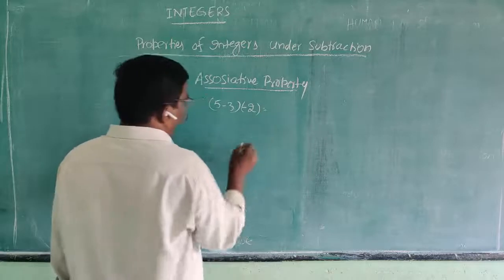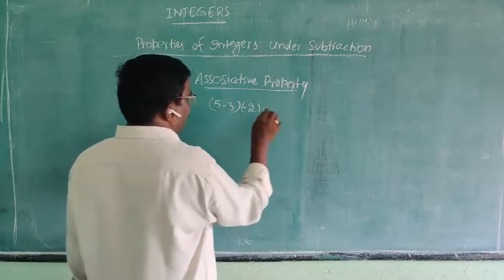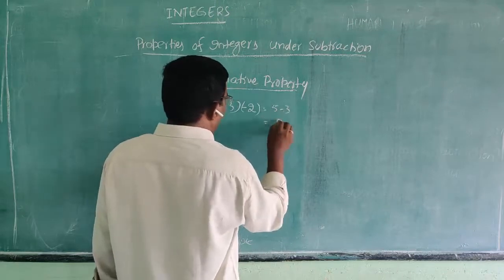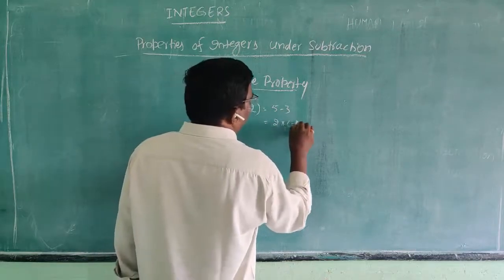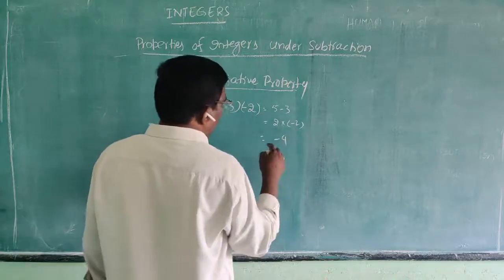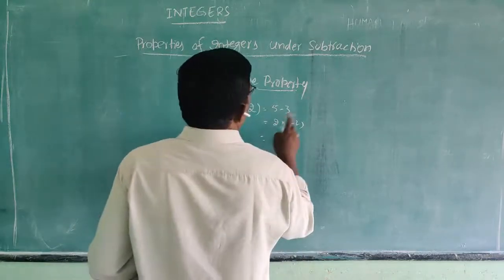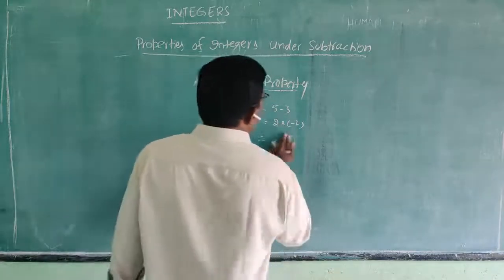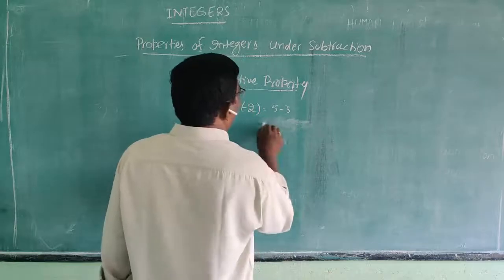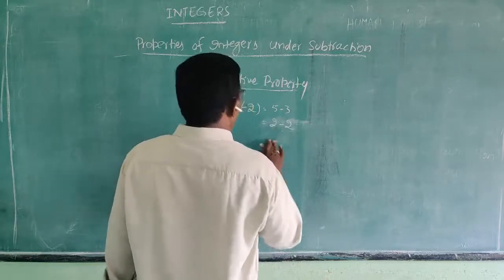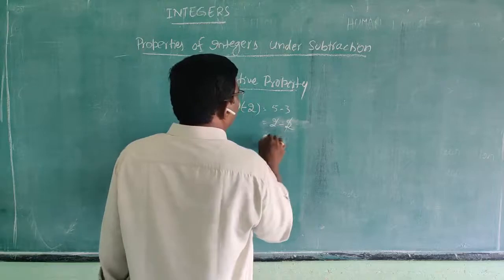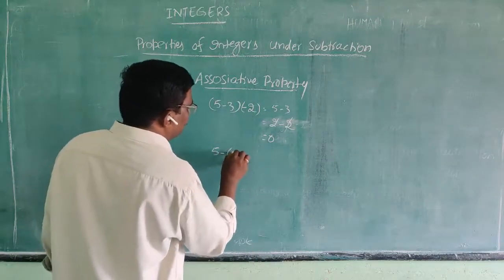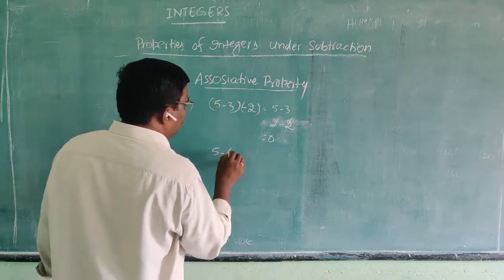First, 5 minus 3 equals 2, then 2 minus of minus 2 equals 2 plus 2, that equals 4... Sorry, let us compute carefully: 2 minus 2 equals 0.